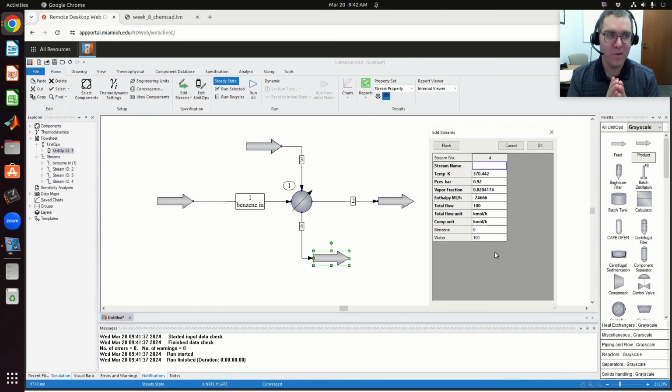If you think back to your Thermo 1 class and you're trying to calculate, say, the amount of heat added to or removed from a system, and there's a phase transition involved, typically the amount of heat from just heating or cooling a liquid or vapor is small as compared to the enthalpy of vaporization, that large change in energy imposed via a phase transition. And so that's exactly what I have going on here.